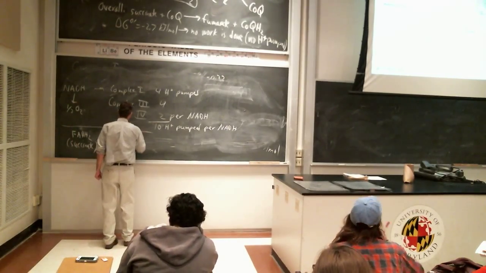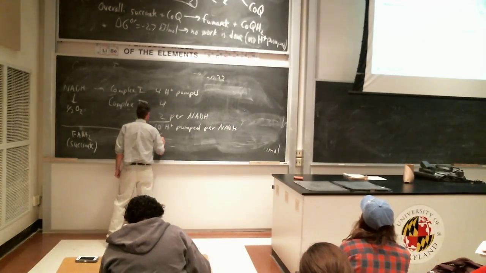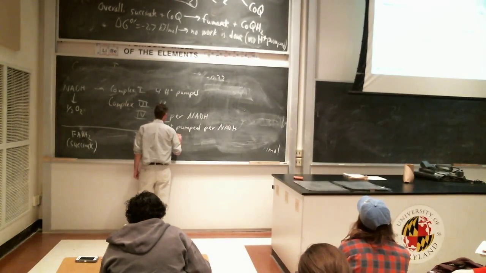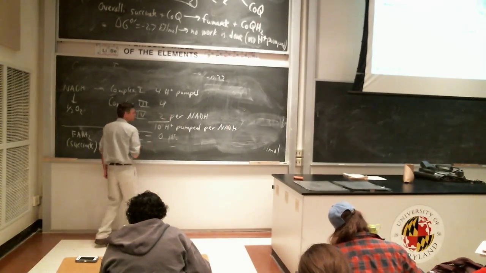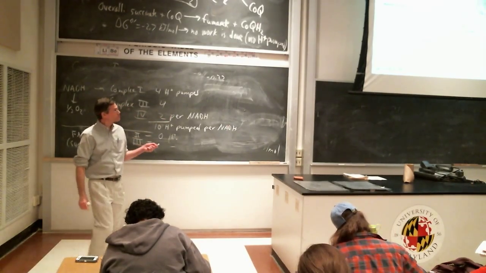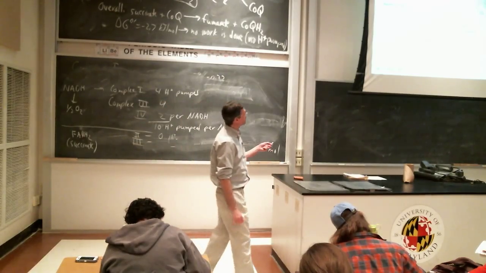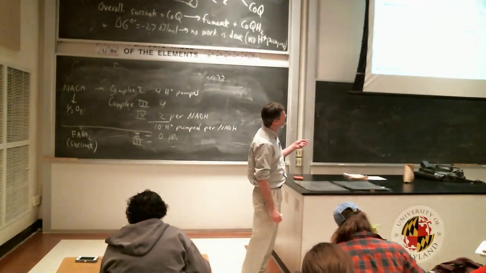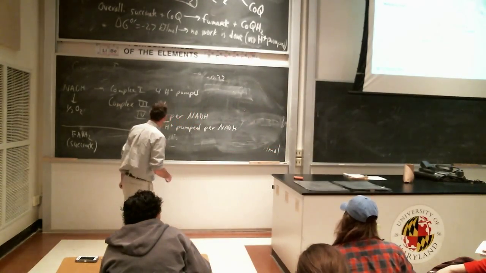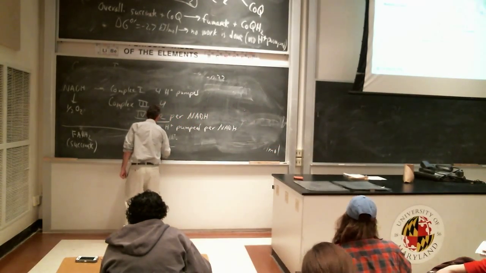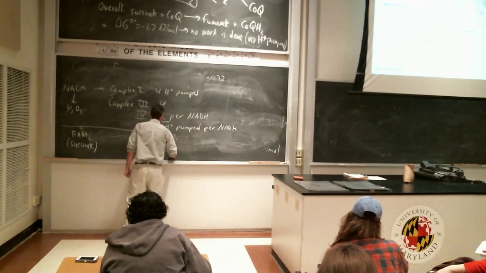So the FADH2 has to be reoxidized by complex 2, which pumps 0 protons. But then the coenzyme Q that's reduced, that's formed by complex 2, is reoxidized by complex 3, just like any other QH2. And so that's going to be, again, 4 protons.